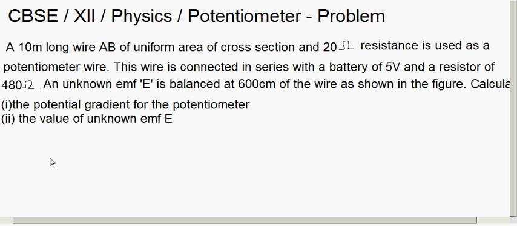First, let me give you the figure. You can note down this figure also. Five volt and a series resistor of 480 ohm, which is connected to a potentiometer wire of length AB.